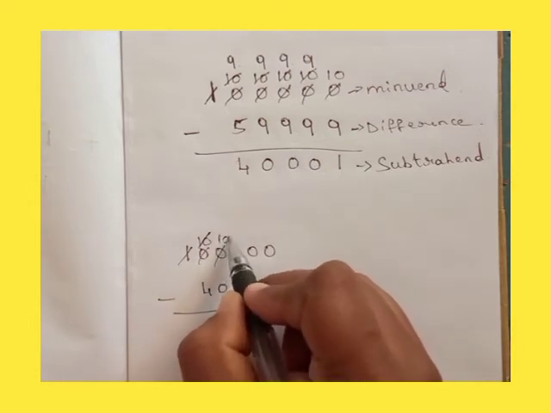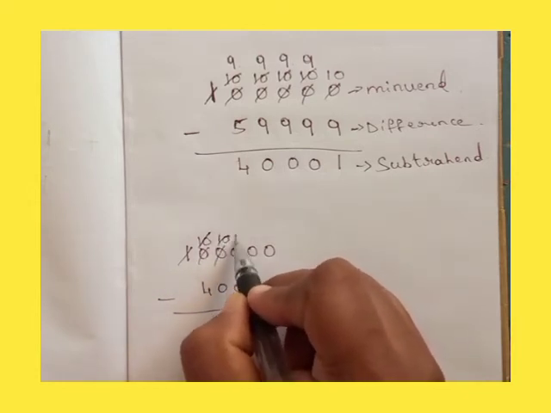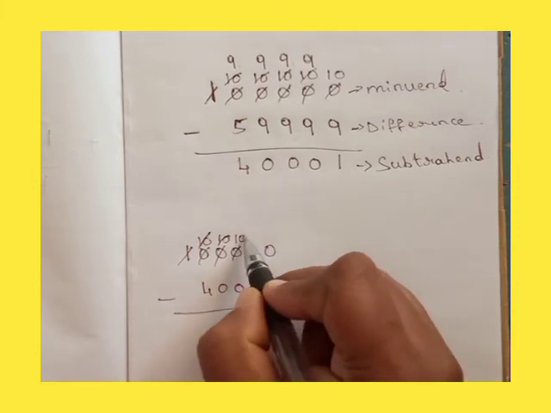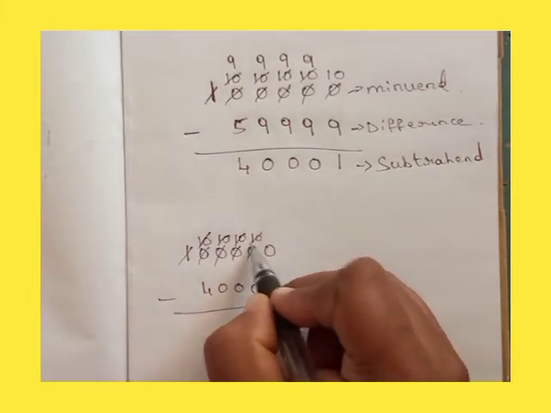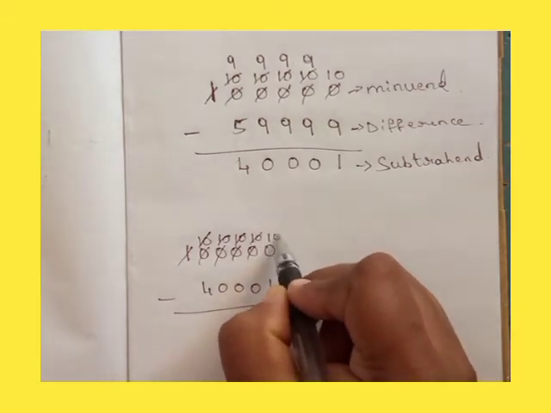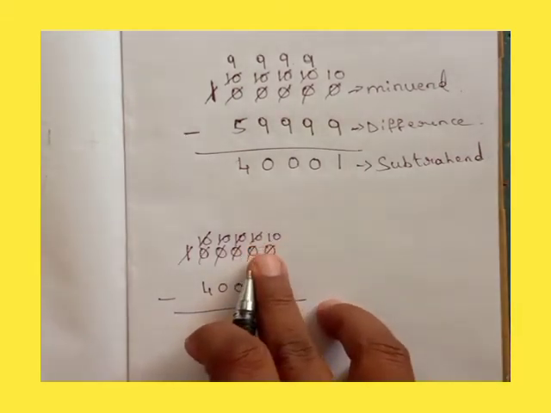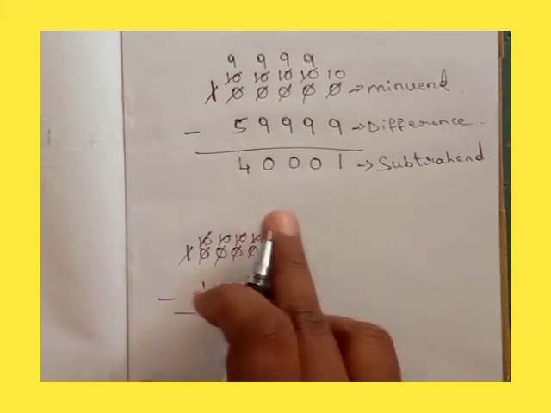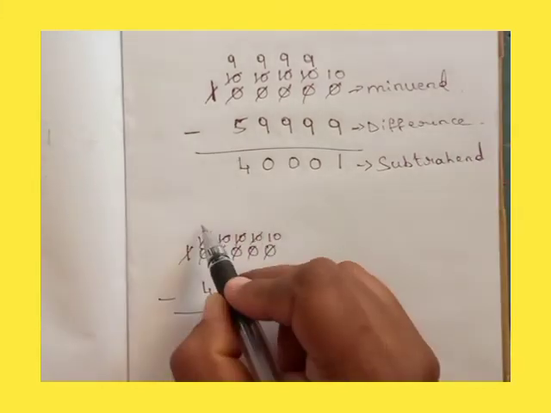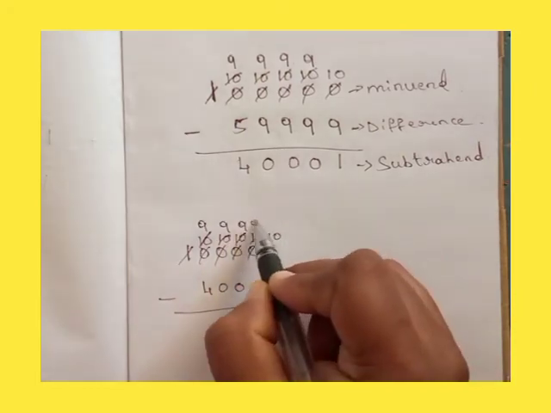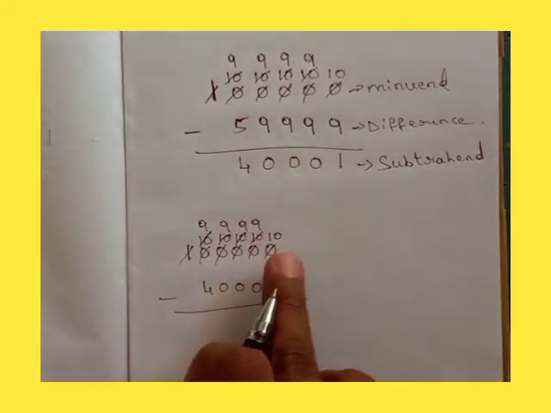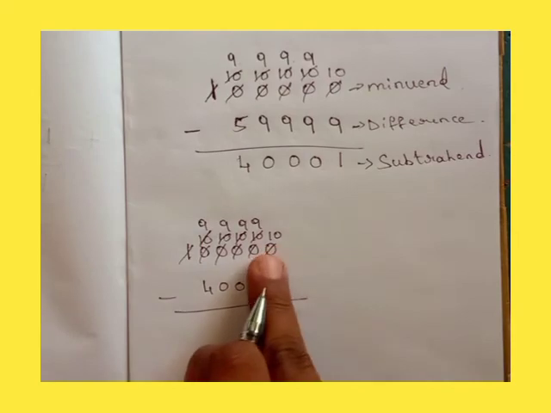From here you take 1, so this will become 10. From here you take 1, so this will become 10. From here you borrow 1, so this will become 10. So I have taken 1 from each of these. How much is remaining here? 9, 9, 9, 9 is remaining in all the places. Here only 10 will be there.